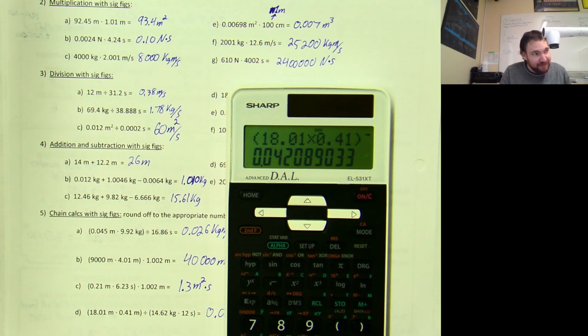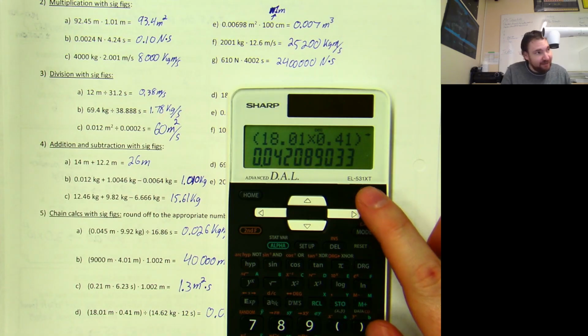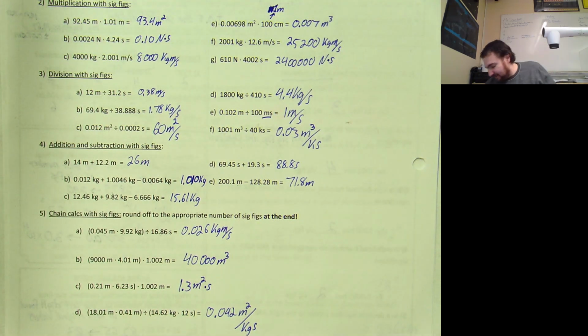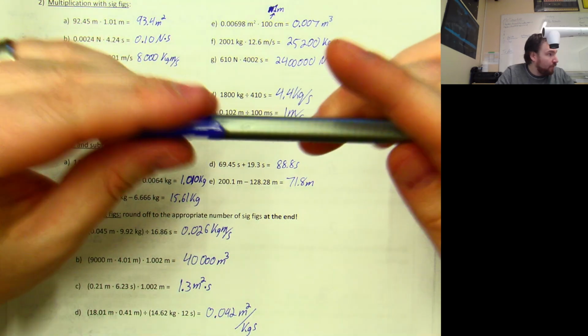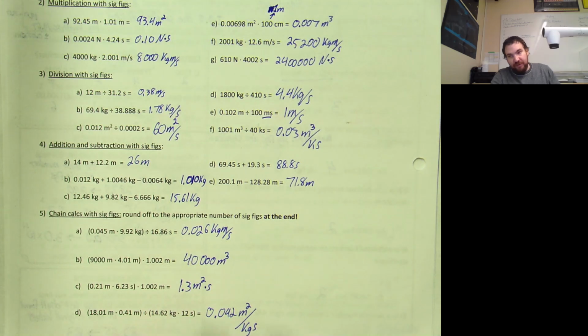I'm willing to bet there was a missing bracket, which is going to completely alter everything. Any other comments, questions, concerns on any piece of this? Okay, cool. Hearing none, assuming y'all did it.